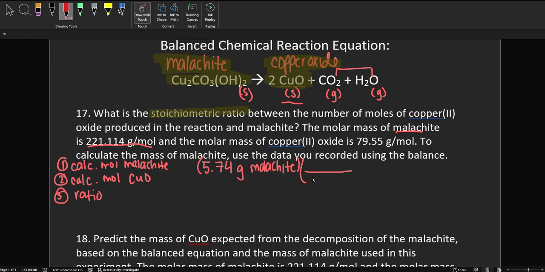You want the grams to cancel out, so I put the number attached to those grams at the bottom: 114 grams malachite, and at the top is 1 mole malachite. That will give you moles, and I'll calculate the actual values in just a second.